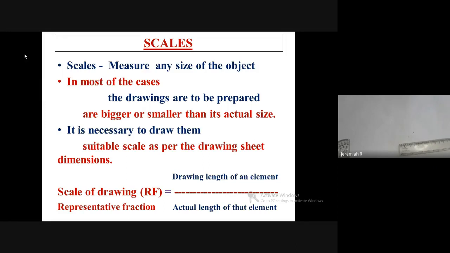The name for this is scale of drawing or representative fraction.